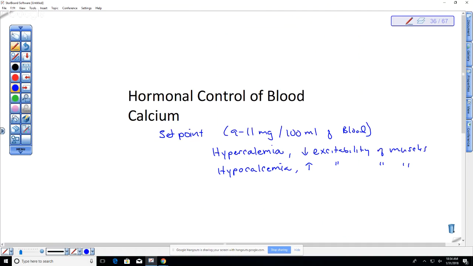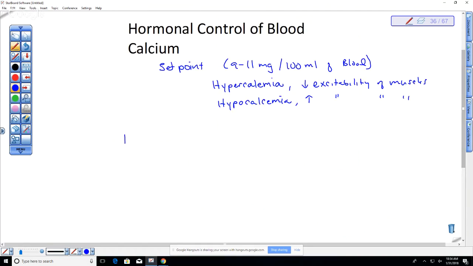Now there is a hormone that's really important in controlling our blood calcium levels, and this is called the parathyroid hormone. So this is abbreviated as PTH, parathyroid hormone. The parathyroid hormone is made in the parathyroid gland, and this gland is located behind or posterior to the thyroid.